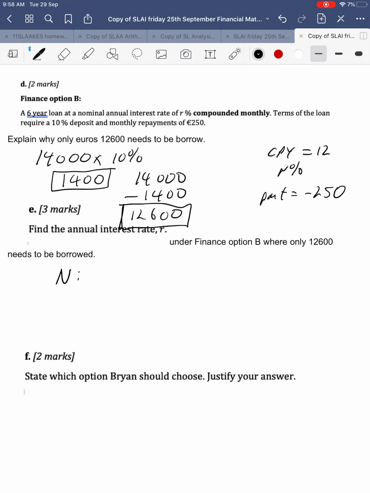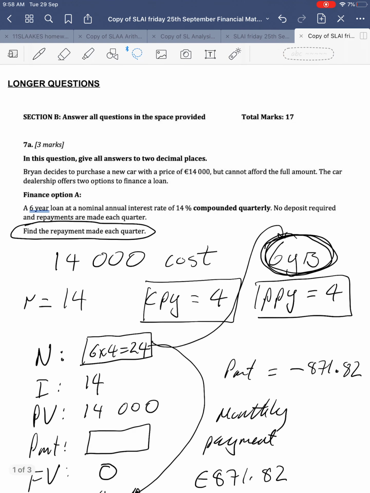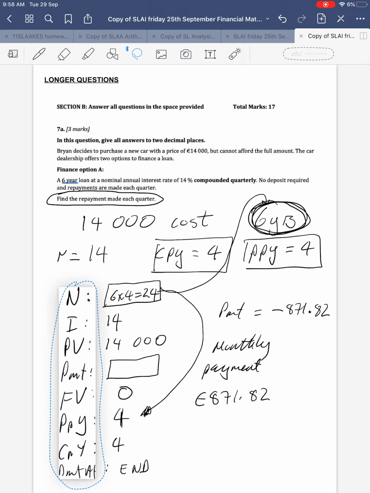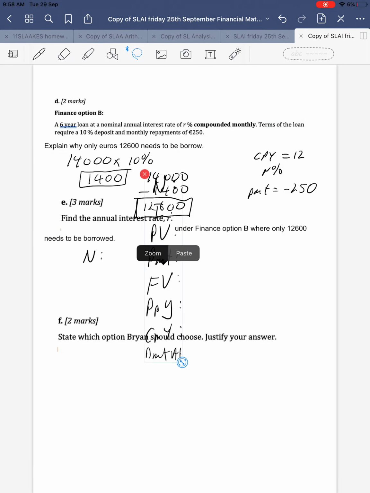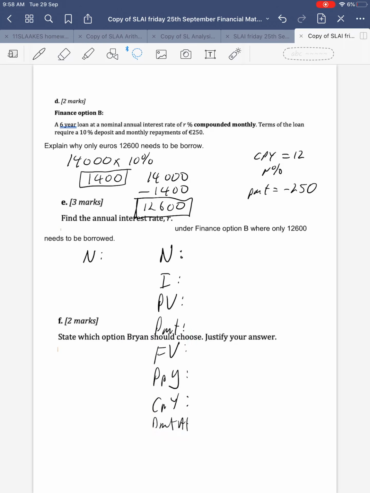So over here again, N. Let's just get all the details down again. In fact, I can maybe just copy this and paste it back across here. Alright, let's give this a go now.